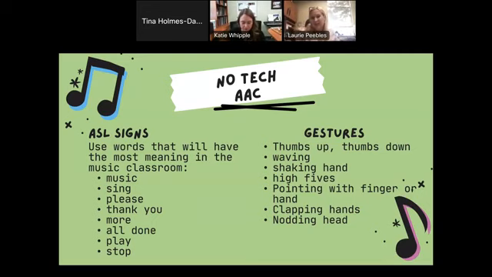A student can take that picture, stick it on the Velcro, and show the instructor. So that's another low tech and easy way a teacher can communicate with that student, and it's helping the student learn to communicate wants and needs. So it's great skills for all.